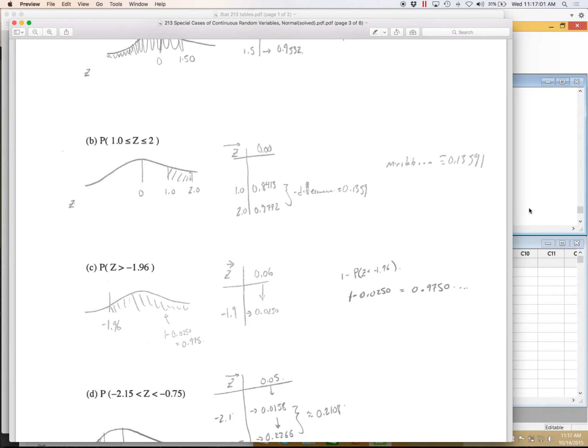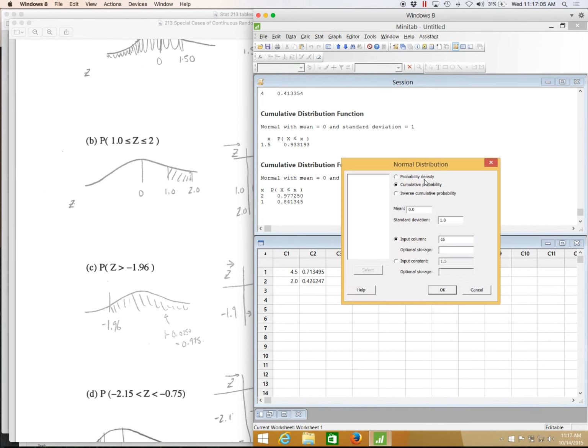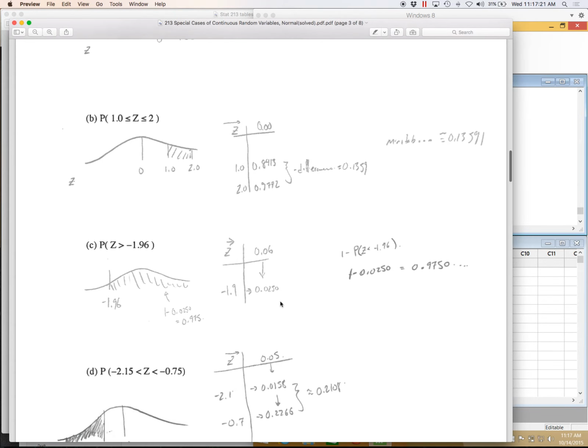Again, Minitab, similar to what I've shown earlier. Here, what is the probability of less than or equal to negative 1.96? Like we saw in the table, we got 0.025 if you round.